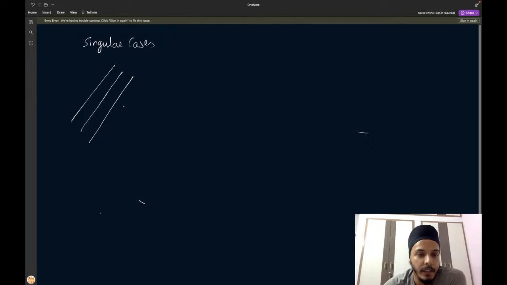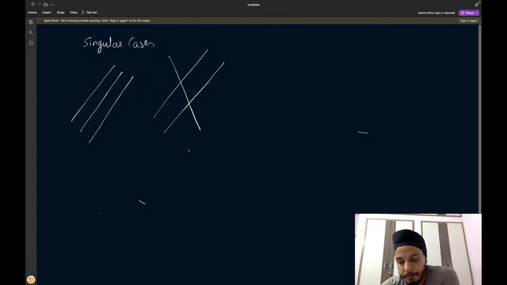We are seeing this in 3D. All three planes are parallel. Let us see our second case. Our second case is that two planes are parallel and one plane intersects these two planes. So we have two intersection lines here. One plane is intersecting the other two planes.